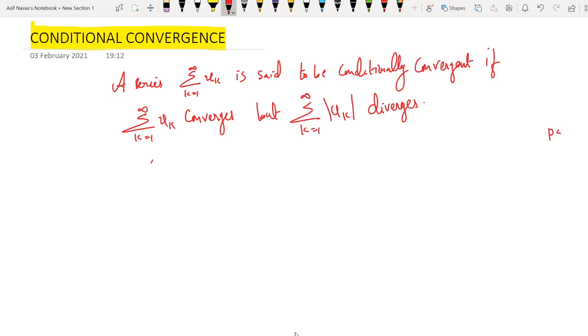That is, sigma uk converges, but it is absolutely divergent.